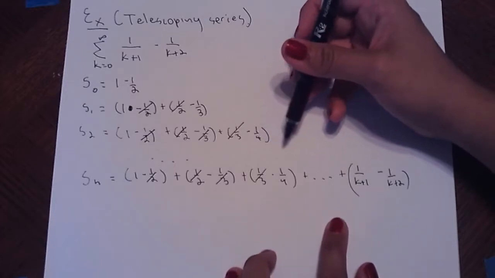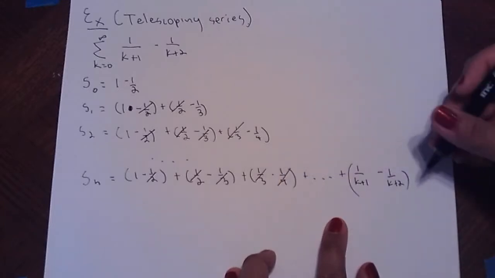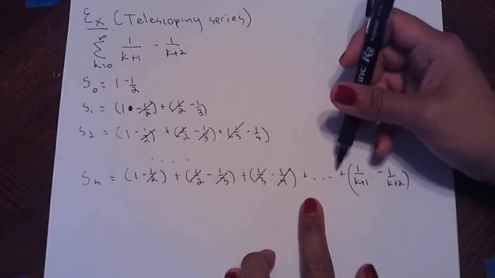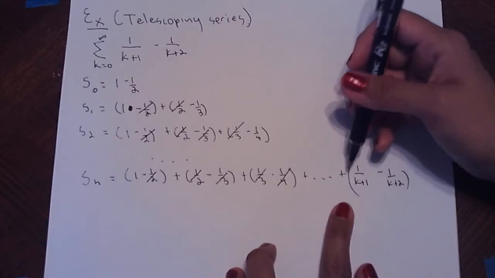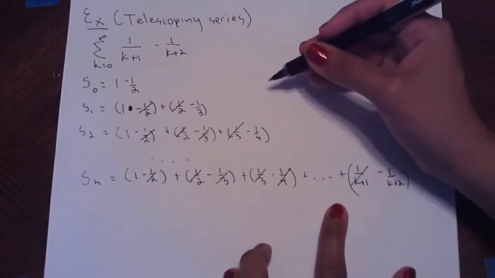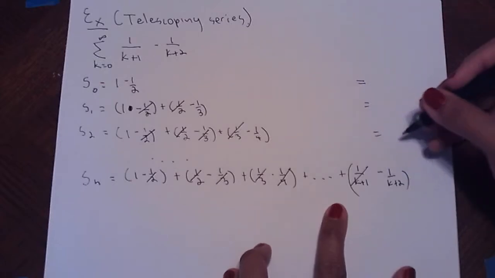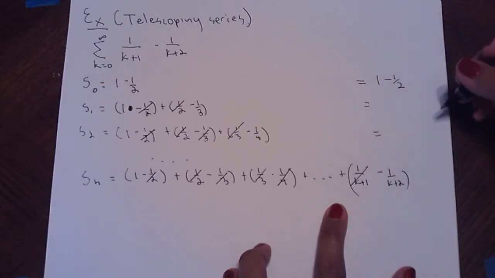So in this particular case, I'm going to have a 1/4 minus a fifth term, so this is going to cancel. Over here, I'm probably going to have a 1 over n minus 1 over n plus 1 term, so this guy's going to cancel. So if I'm looking at my general pattern here, for each of these, this is looking like 1 minus a half, simplify it if you want.